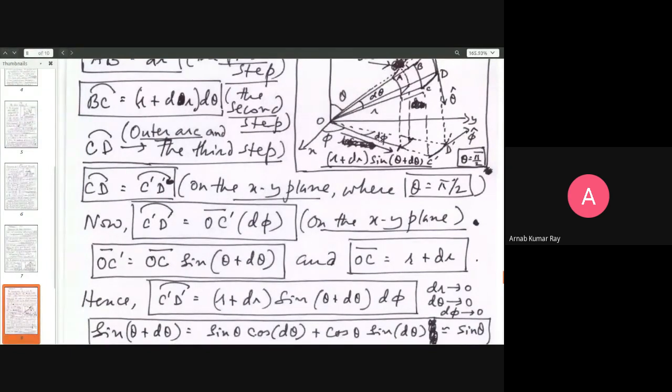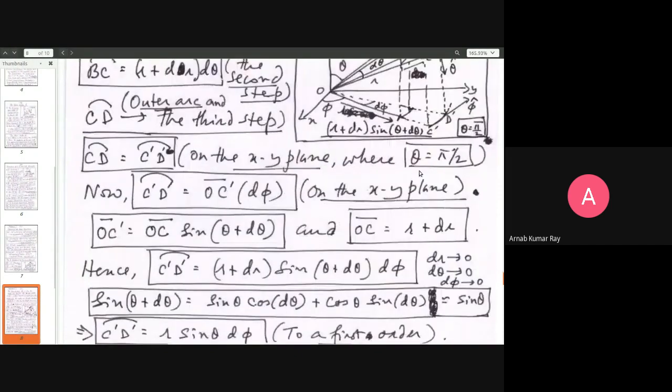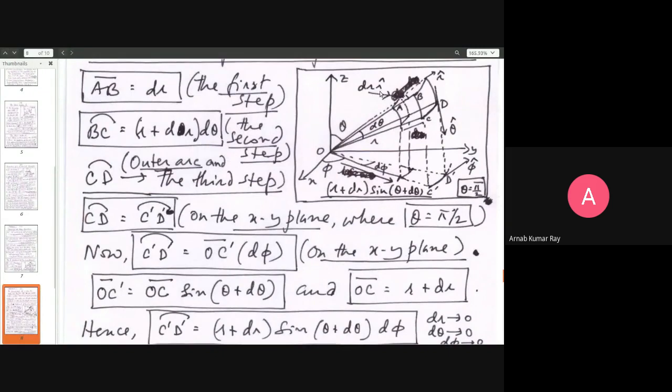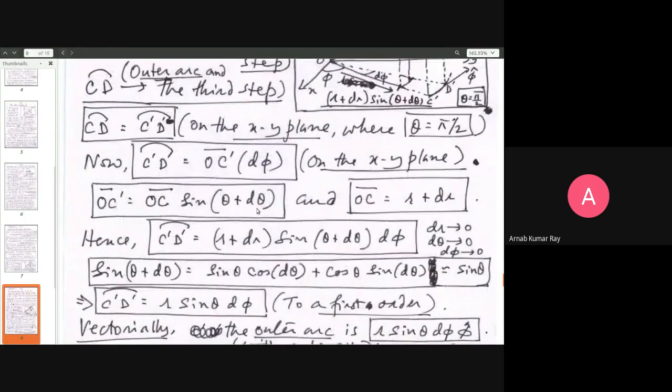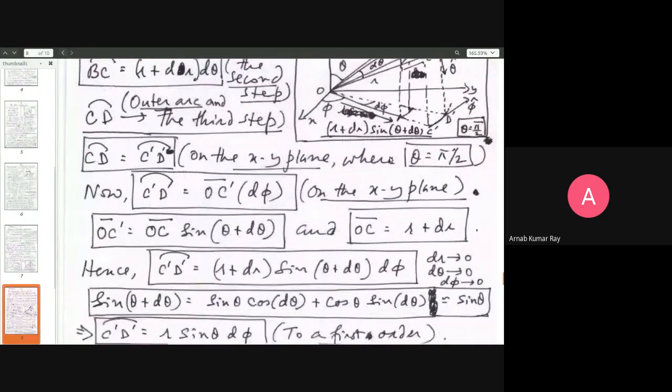But what is this OC prime? OC prime is the shadow of OC. And that shadow is equal to line segment OC times sine theta d theta. OC is making an angle of theta plus d theta with respect to the z-axis, sine theta d theta. And OC is equal to R plus dr.